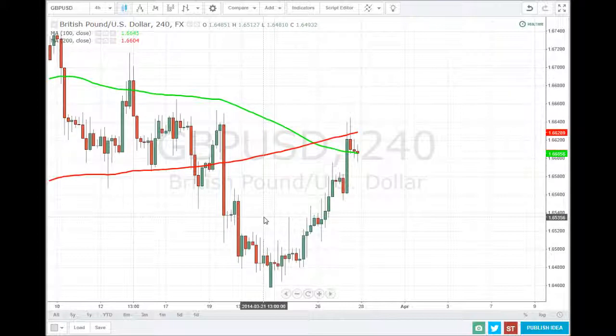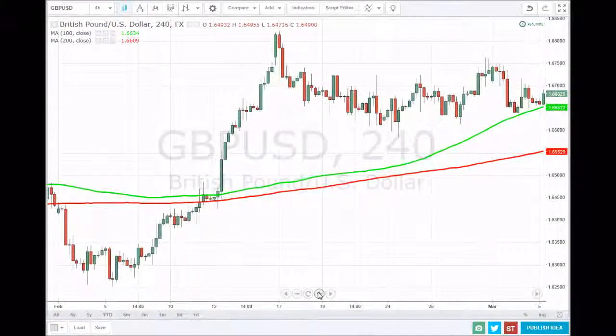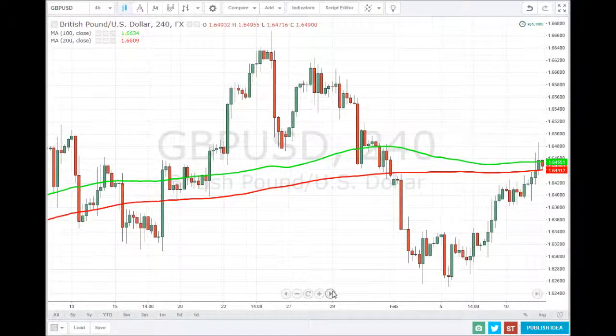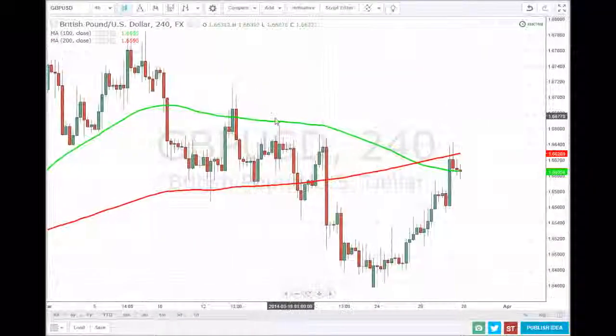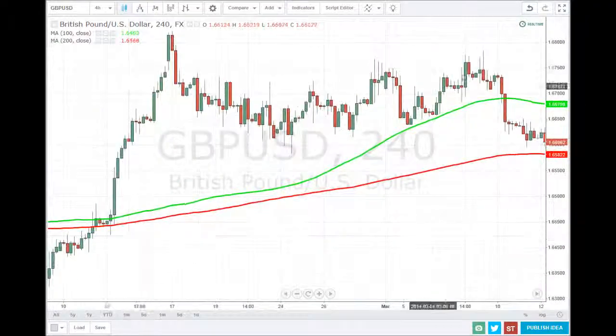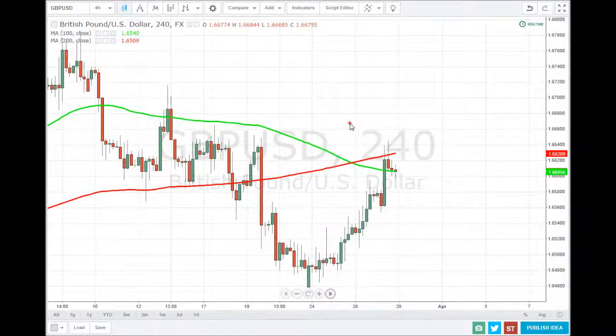You'll notice there has just been a moving average cross on this chart. Our green moving average has been above our red, and price has been moving on the upside very steadily. We've had this moving average crossover, signaling that price could now downtrend.